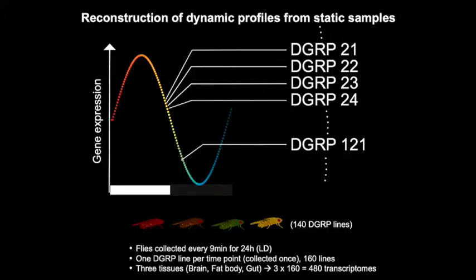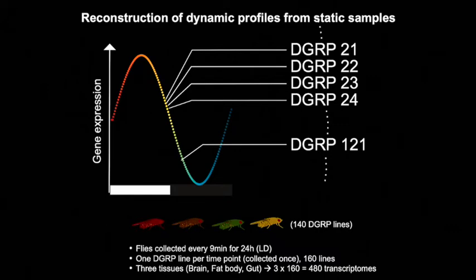If you want to understand the rest of the talk, this is a crucial slide. So if you are interested, please pay attention. The idea here is that rather than doing every 2 hours for every line, we decided to go through the entire circadian clock for 24 hours, sampling each DGRP line only once, okay?